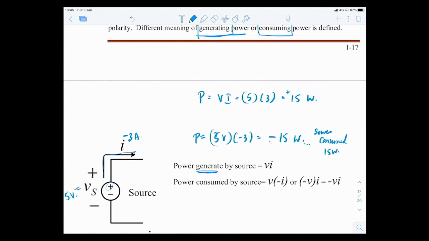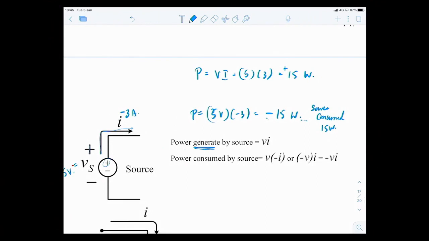The negative sign indicates that this source is now consuming power.